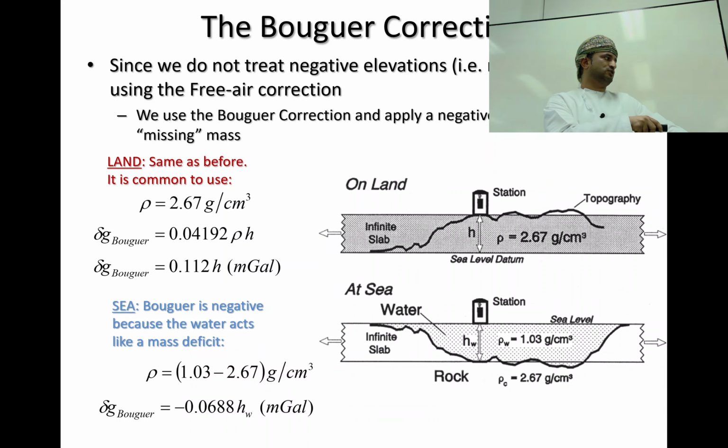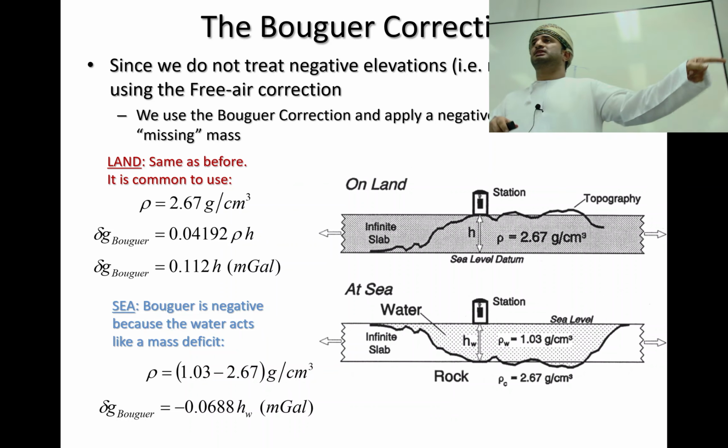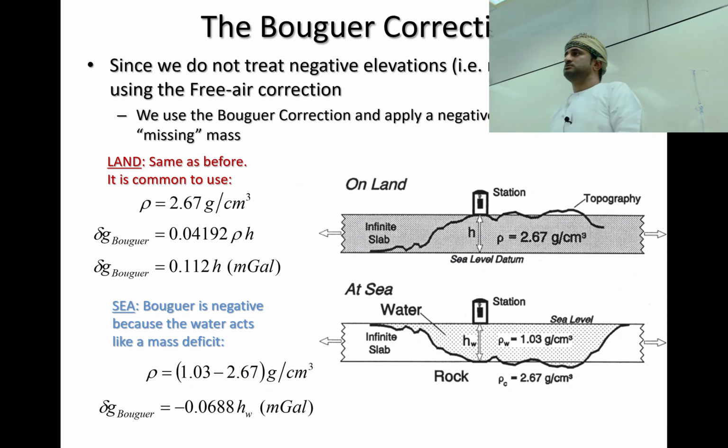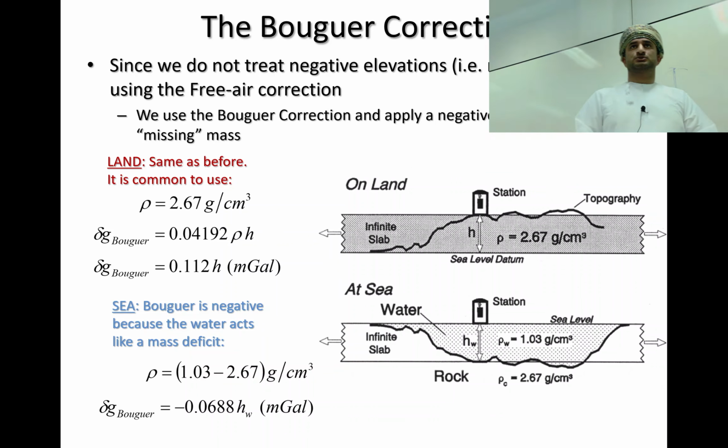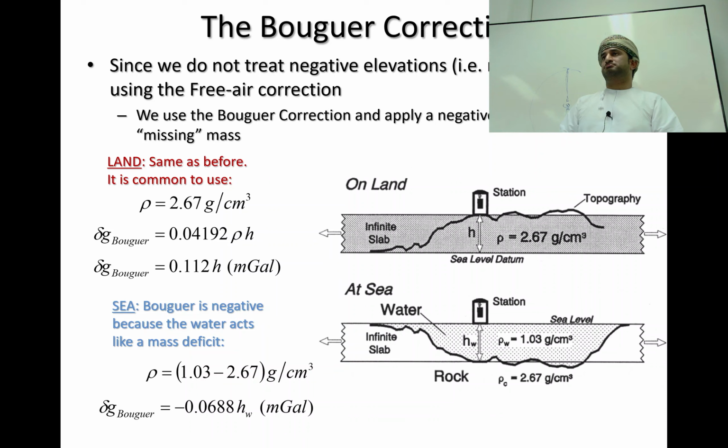That's going to be the value of density. It's a negative value. So this is going to be added. If you are doing a marine survey, you add that value to your reading, reference to the base station.